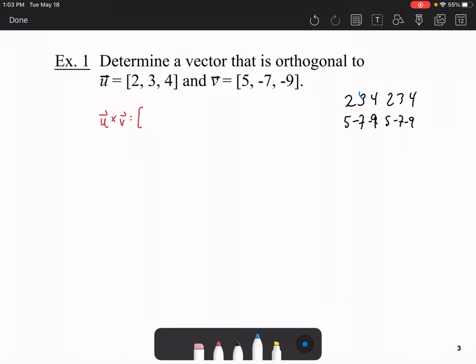So first I take 3 times negative 9. 3 times negative 9 is negative 27. I'm going to subtract 4 times negative 7, which is negative 28. Next, I'm going to take 4 times 5, which is 20. And I'm going to subtract negative 18.